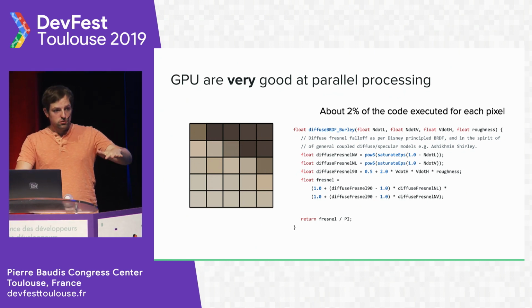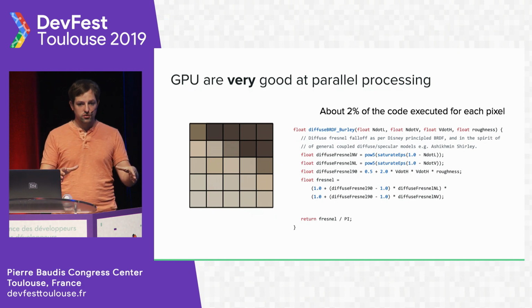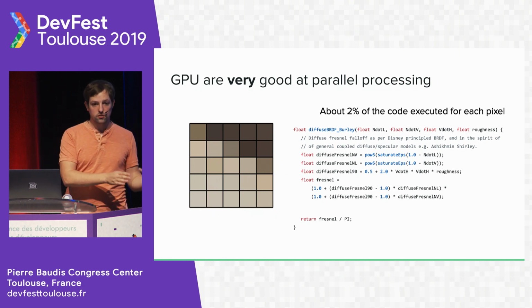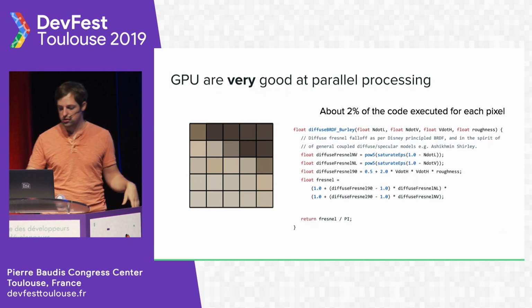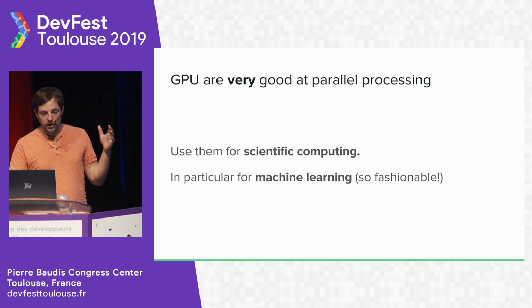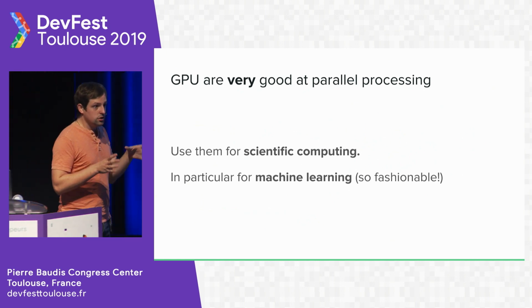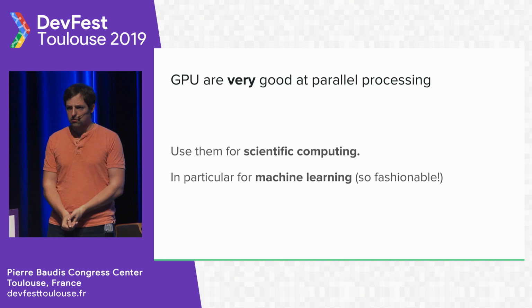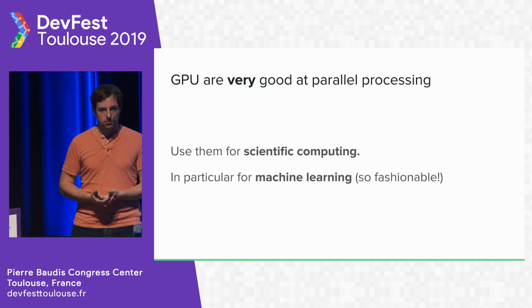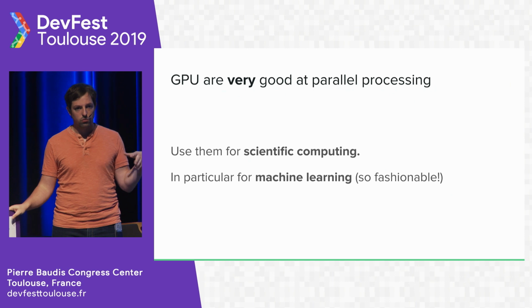So each of these pixels is going to execute, I don't know, thousands of instructions each frame. Because of this, GPUs evolved to become more and more efficient at parallel processing, where the instruction is the same, but the data is different. Each pixel does the same thing, just on a different position. And so around 2008, GPUs started being used for scientific computing. I think that was around the time NVIDIA came out with CUDA.